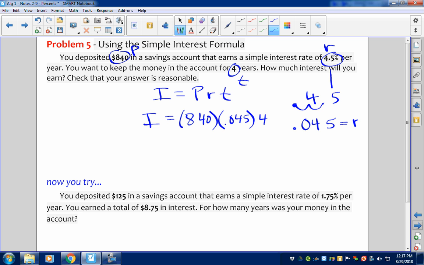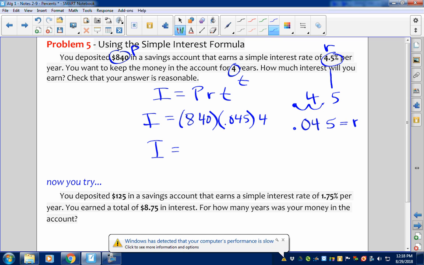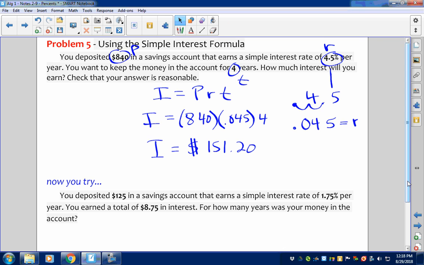What's the interest I would earn in 4 years on $840 at 4.5%? 4.5% would be a high interest rate to get right now. 151 and 20 cents. That's right, 151.20.